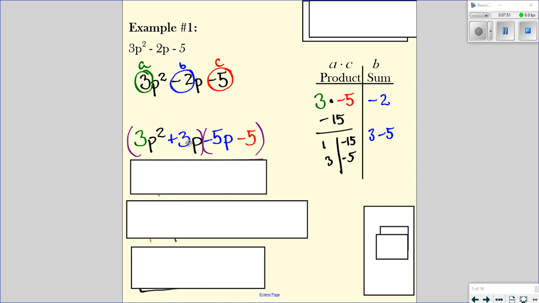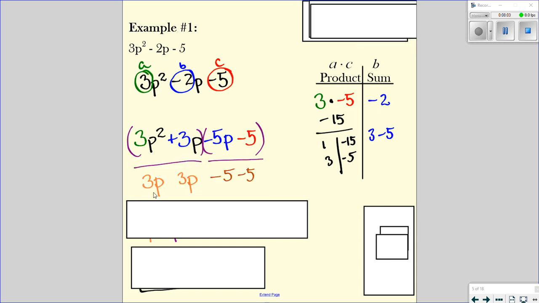So with that, I split it. So then I have 3p squared plus 3p minus 5p minus 5. So I got 4 terms. Now I can create two sets of binomials, then find the GCF of each. So for the first group, it was 3p that they have in common, and then for the other one, negative 5. Notice that I pulled out the negative 5 because when I end up with the common factor in the parentheses, I want them to have the same sign, so that way they can be grouped together.